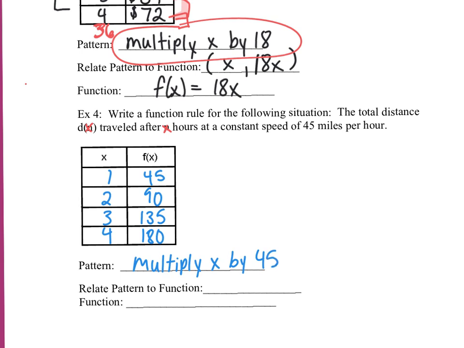So if you wrote that as a pattern and a coordinate point, what comma what? x comma 45x, or x times 45 would work too. Function, last part: f of x equals 45x.